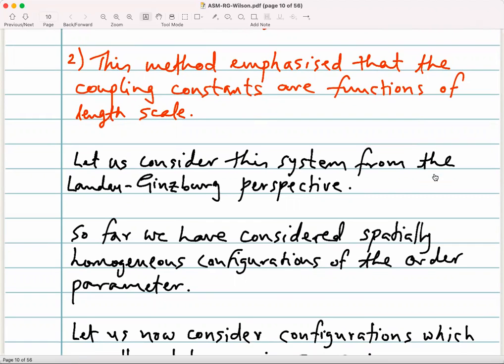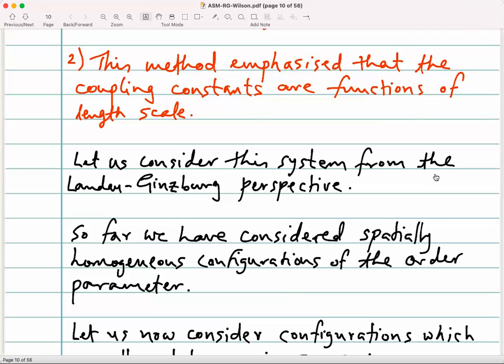The block spin method, as well as this method where you allow the Hamiltonian to change, tells us that the coupling constants are not constants, but they are functions of length scales. So as you try to study a system at some energy scale, you see the coupling constant take some value, but at some lower or higher energy scale, the coupling constant would take a different value. And you would want to understand how the coupling constant changes as you change the energy scale in the system.